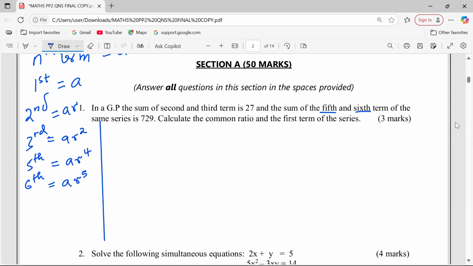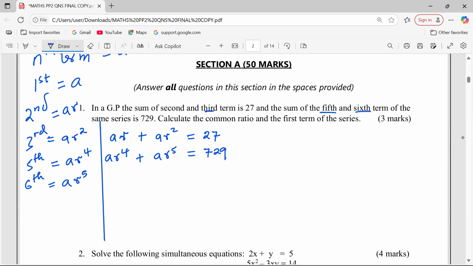When we take A R and we add the third, which is A R squared, we're supposed to get 27. That's the first equation. Again, when given the fifth, A R power 4, plus A R power 5, that is the sixth term, we're getting 729. This is our second equation.